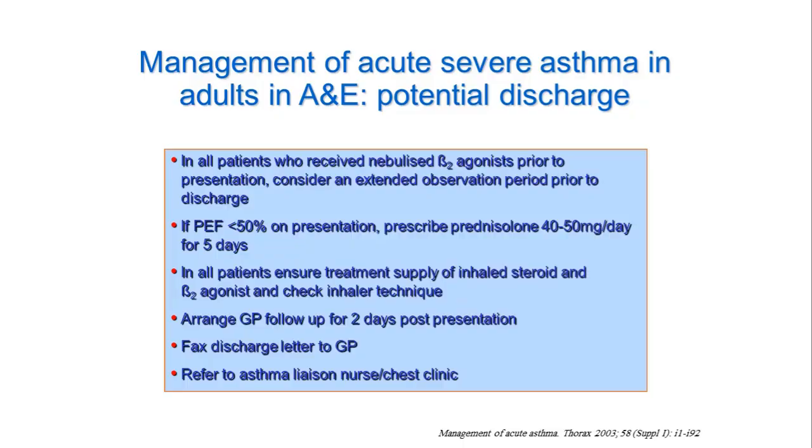All patients should receive nebulized agonist before presentation. Before discharge, you should also discharge the patient on inhaled steroid. The very important point is inhaled steroid rather than LABA alone. Thank you very much.